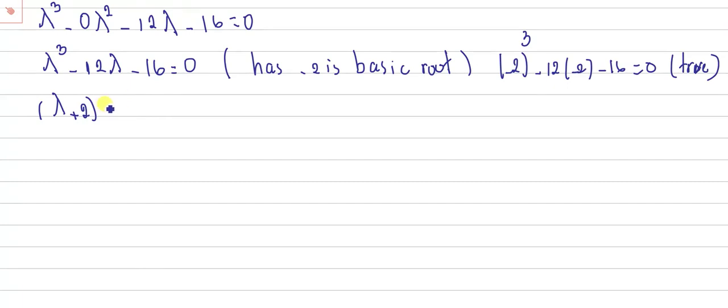We got lambda squared, and the next is minus 18, minus 16, sorry, equal to 2 multiplied by minus 8. Minus 8 is minus 12, so it is minus 4.